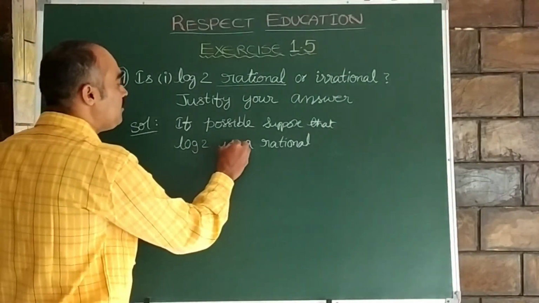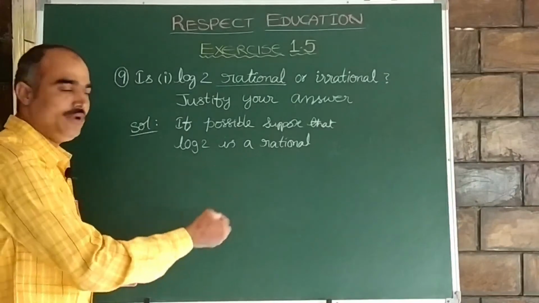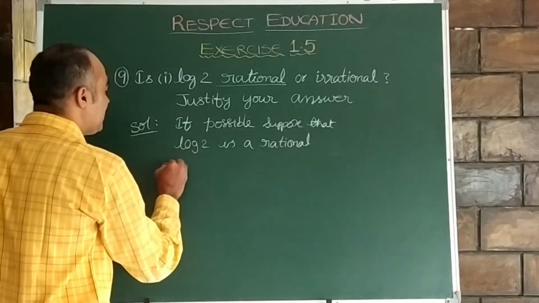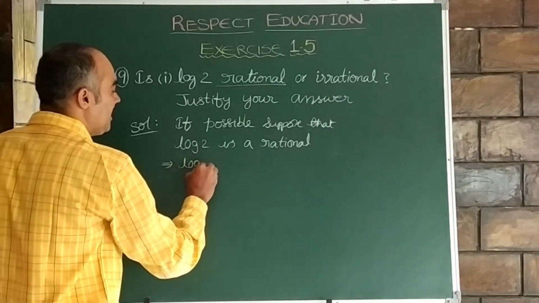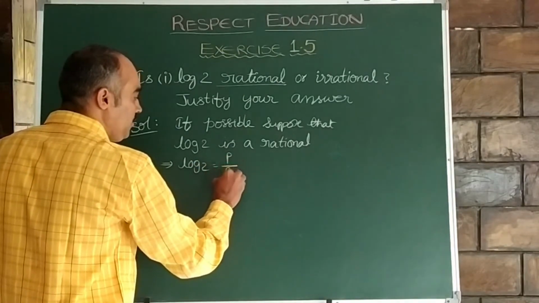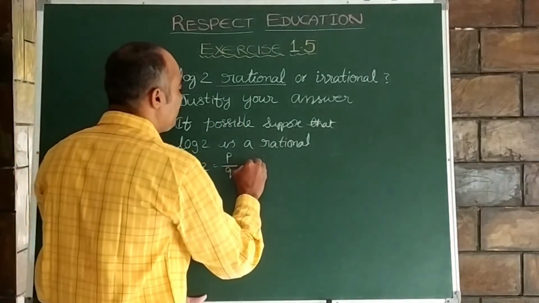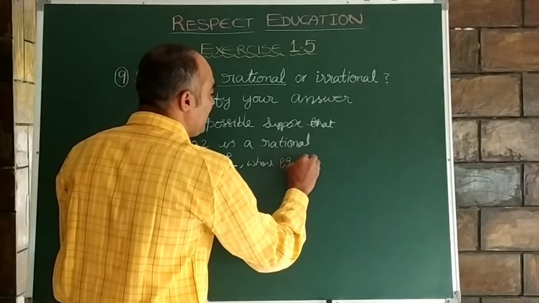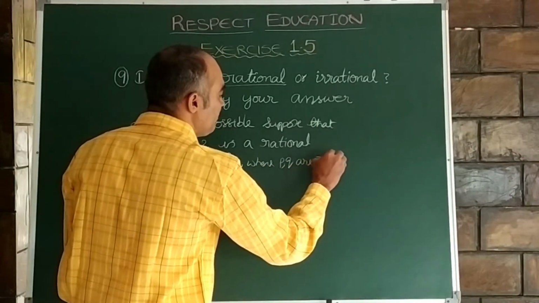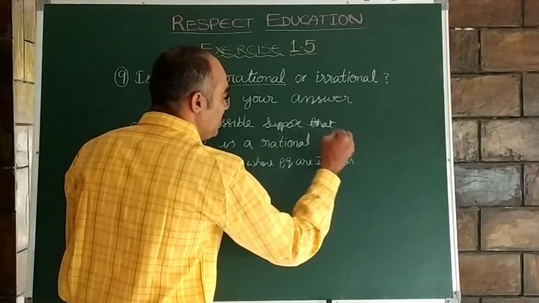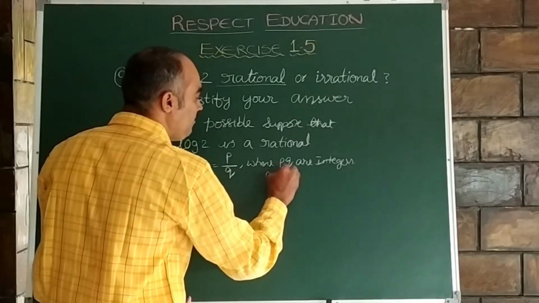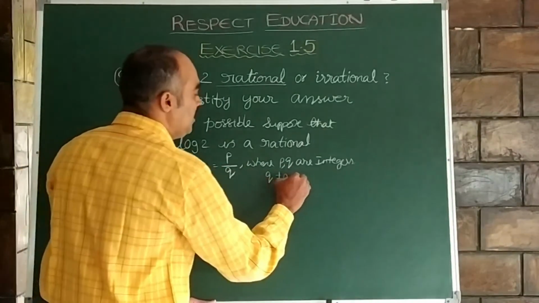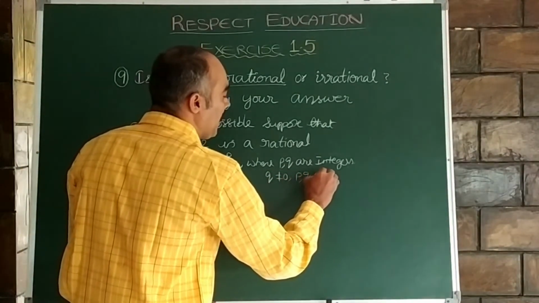So every rational number can be expressed in the form of p by q. So here since log 2 is also rational, we can write log 2 as some p by q, where p comma q are integers, especially q not equal to 0, and here a special case is p comma q are co-primes.